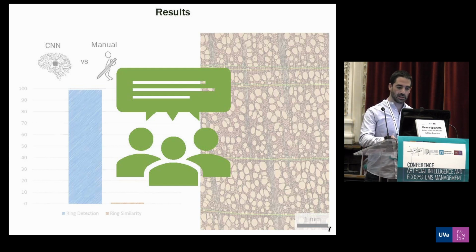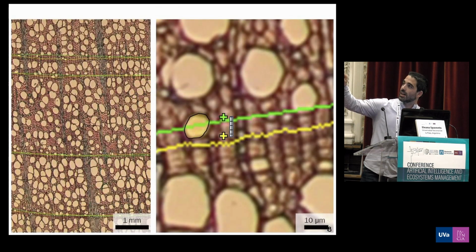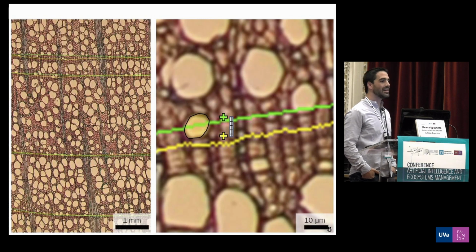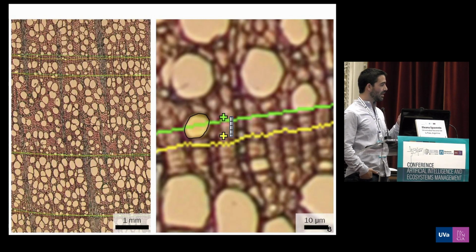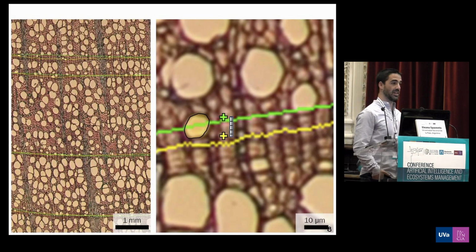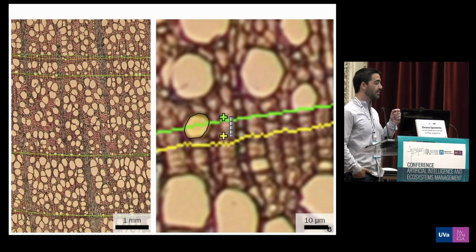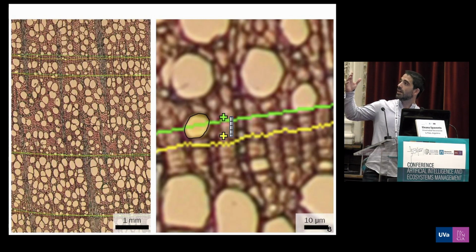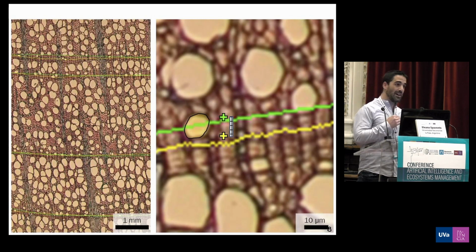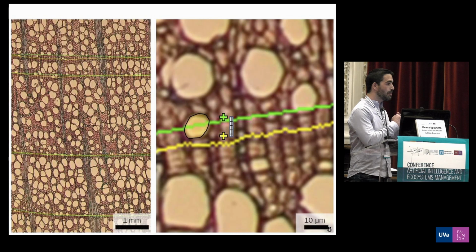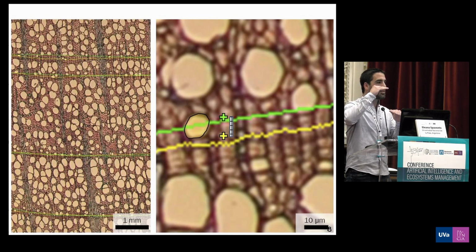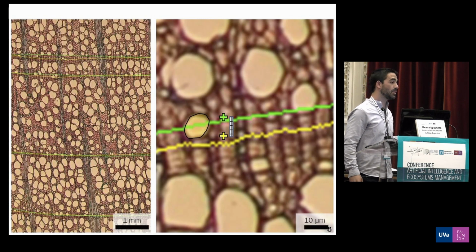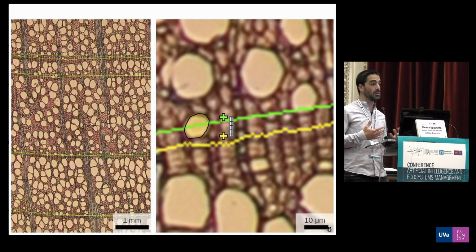We have to take into account that most of the image is not rings, so we are delimiting just 1% of the pixels of the image. If you have a border in the same ring, but just 1 pixel away, the result is 0. But that is not relevant for the quantitative wood anatomy study, so it is not a good way to evaluate.